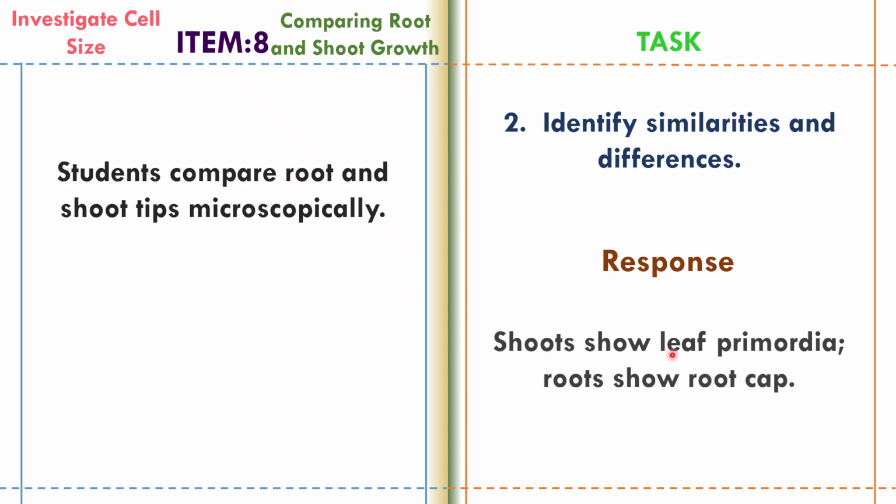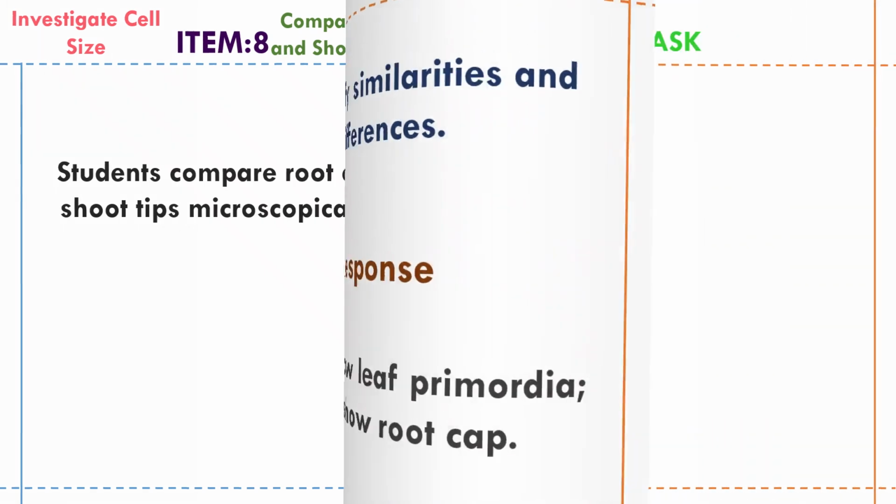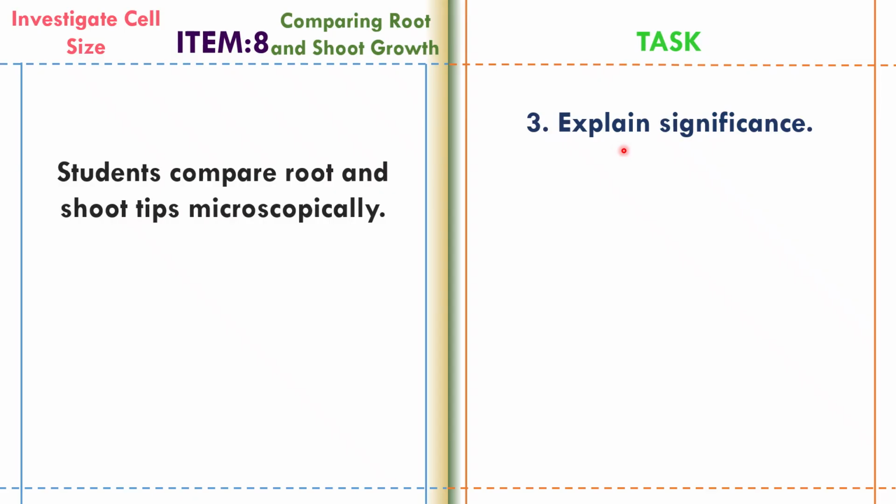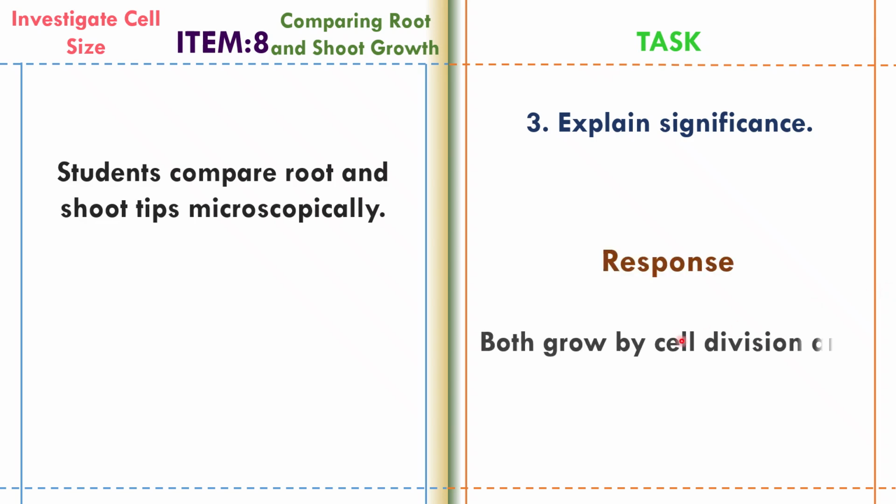Shoots show leaf primordia. Roots show a root cap. Explain significance: both grow by cell division and elongation.